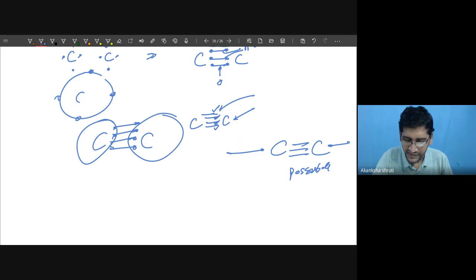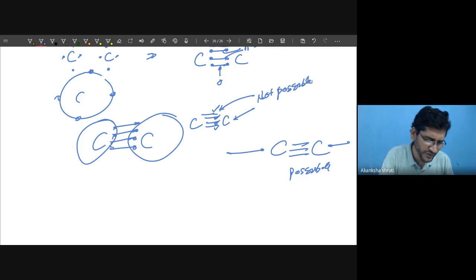Four bonds between the same atoms are not possible. Not only with carbon, even with any other atom, 4 bonds with the same kind of atom are not possible at all, excluding coordination compounds. You will learn that in higher standard.